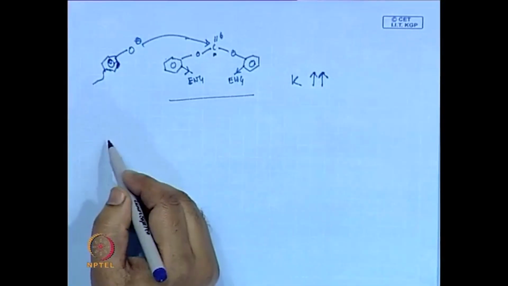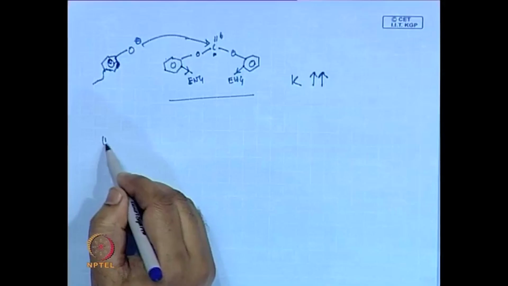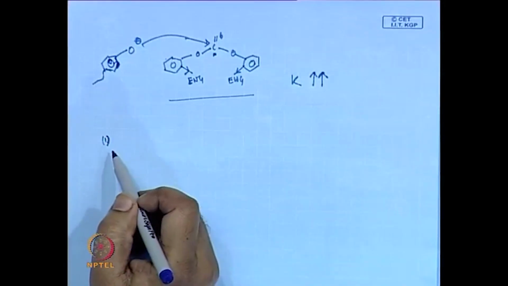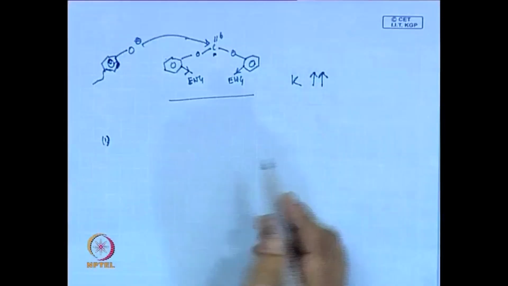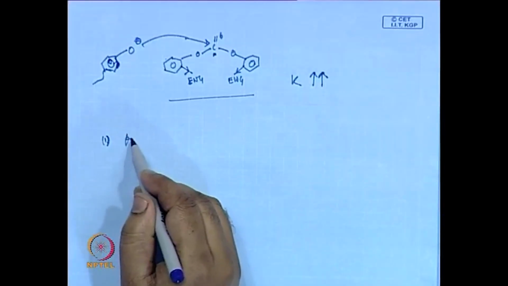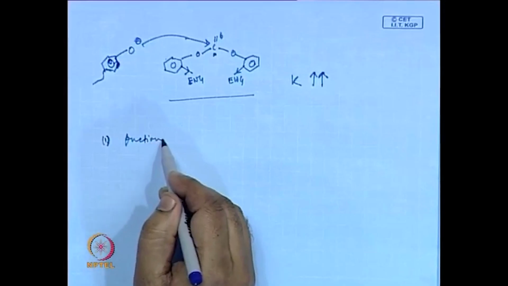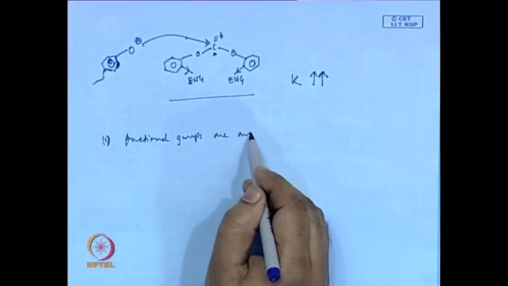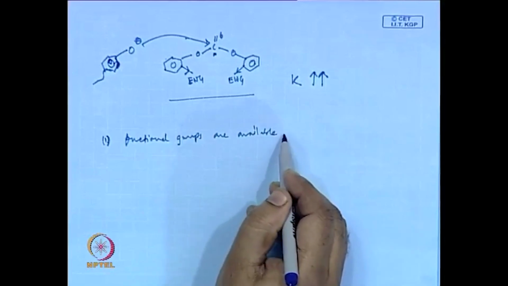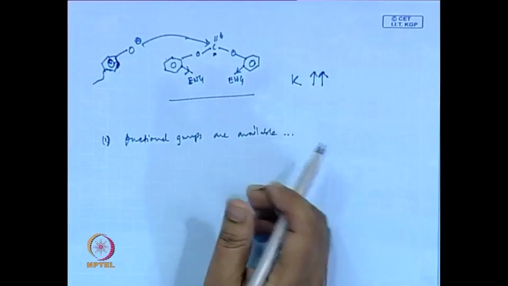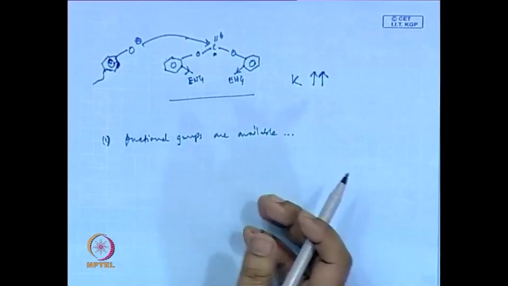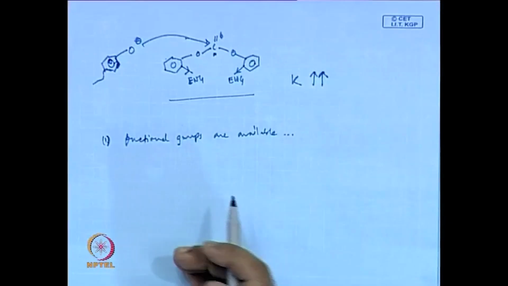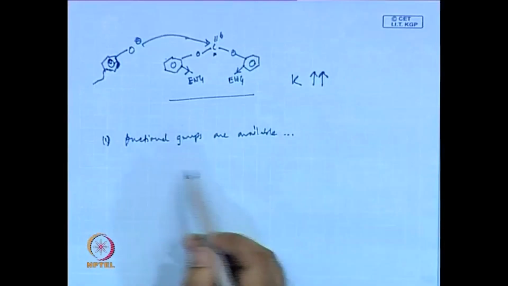Now, one thing you have to also remember is that to build high molecular weight, you have to make sure some other conditions are met. For example, you have to make sure that the functional groups are available during the entire reaction. In some exceptional cases, when you build a molecular weight, after some size it might precipitate from the solution or from the melt of the reaction.